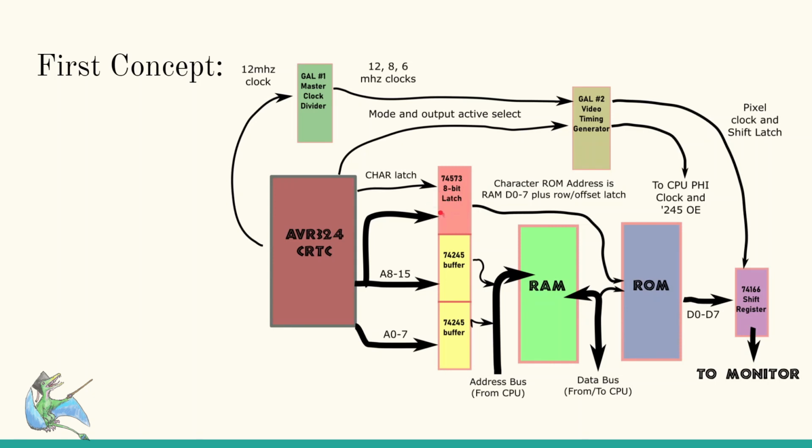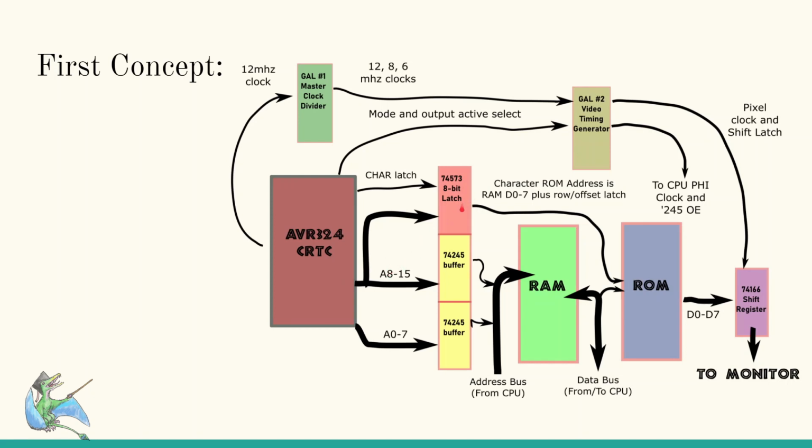The plan was that we could simply hang this latch off of one of the same ports that drives the address bus, and at the start of a line we could latch the character row using the same output pins. We just need 1 pin to control the latch, and that would be how we get our ROM address line, and that would work just fine.